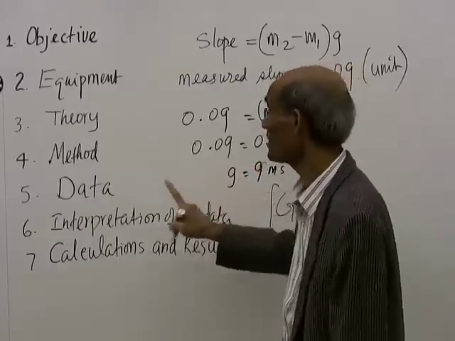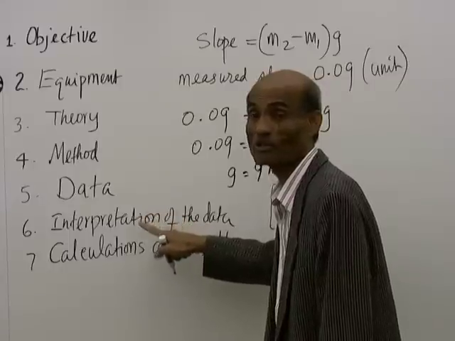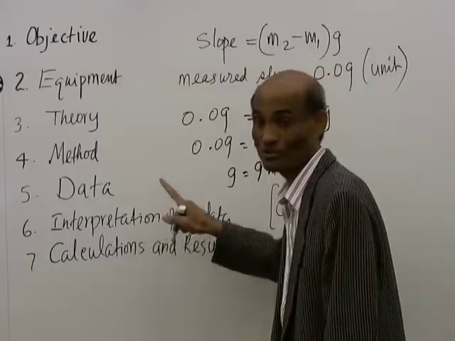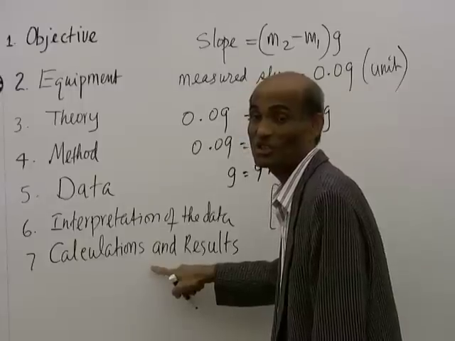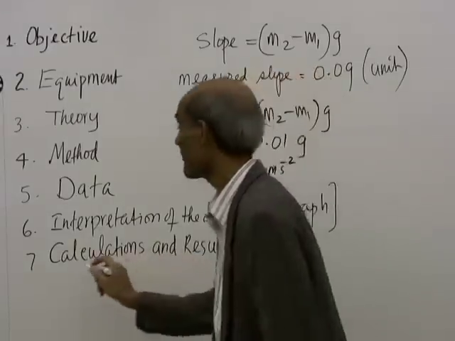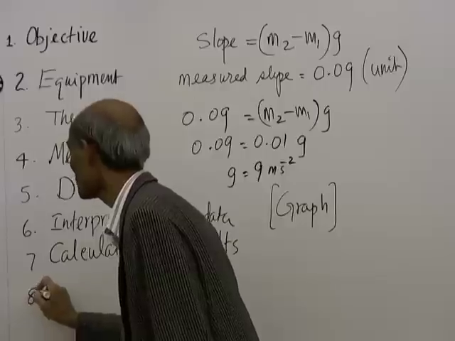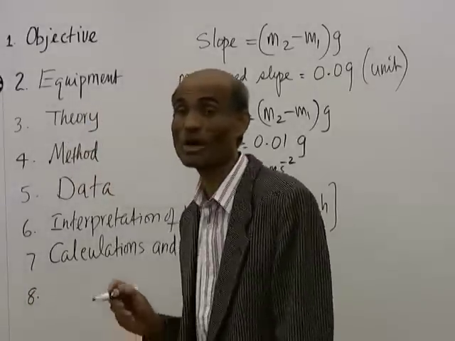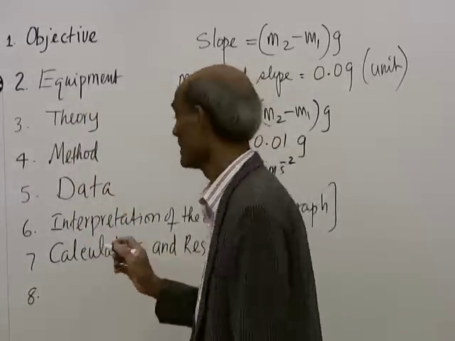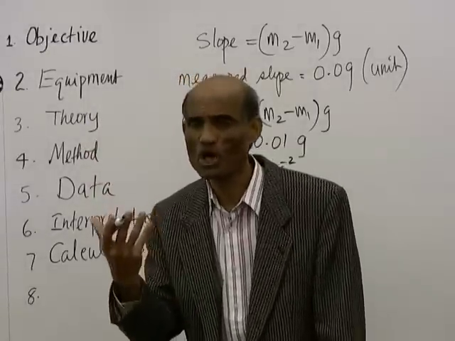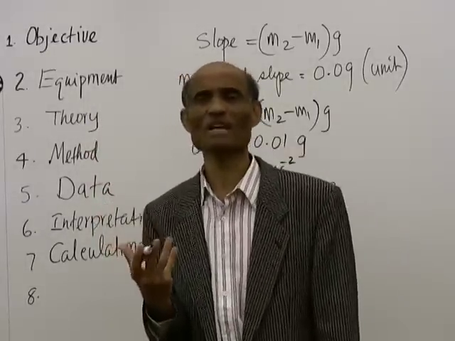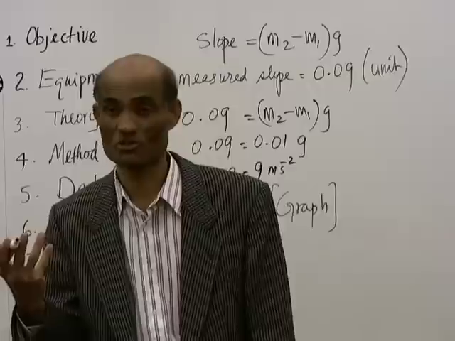You must understand the most important part of your report will be interpretation, calculation and results. And finally, I would like you to do one more step before you answer some of the questions I have. And that is, what are some of the precautions you did? You see, every experiment has limitations.